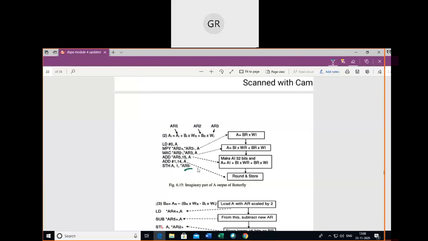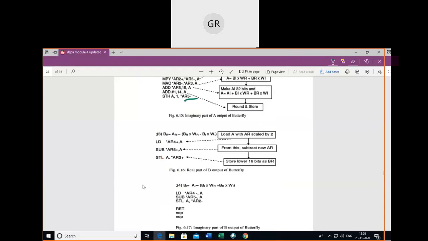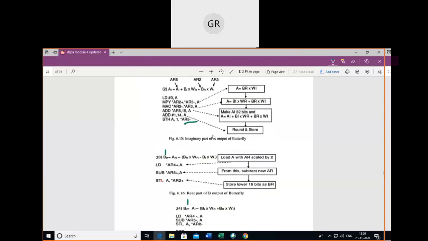Okay. Just remember this. Now the BR dash equation and BI dash equation. Here BR dash equals AR minus BR into WR minus BI into WI. Then what is AR4 plus comma A? Load AR4 plus comma A. We perform load A with AR scaled by 2.